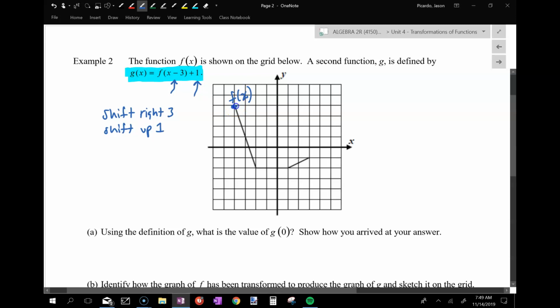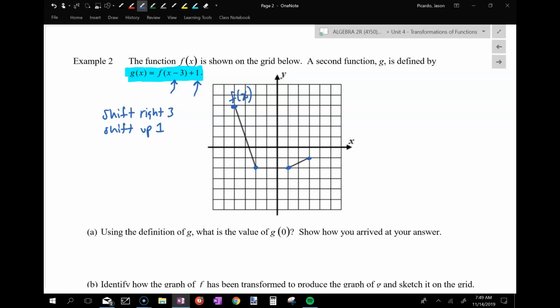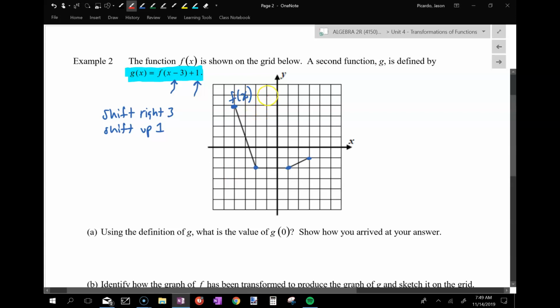I have a point here that I can move, and I have a point here, and here, and here. There are 4 points that make up that graph, and then I can just play connect the dots. All I want to do is take those 4 points and shift them to the right 3 and up 1.